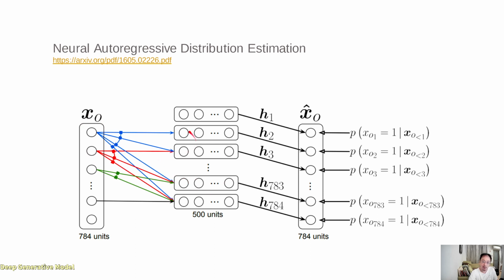This one has just one hidden layer, so the architecture is a little bit easier. If you consider more hidden layers, it will make the architecture more complicated, so you have to think carefully to make sure that everything is only dependent on the previous ones, not the future ones, not the later ones. So it's pretty straightforward to use a neural network to generate the output.